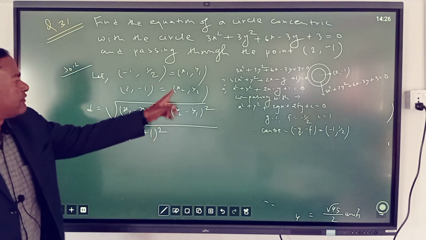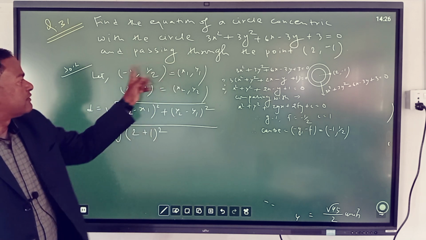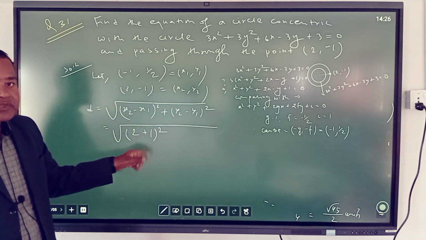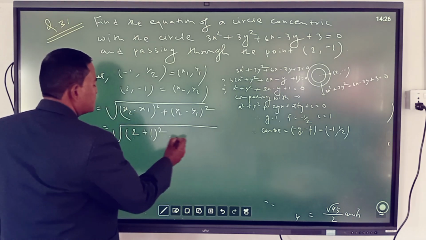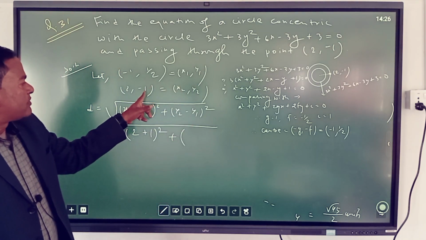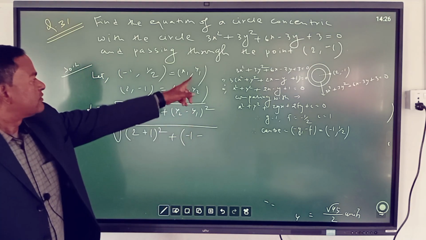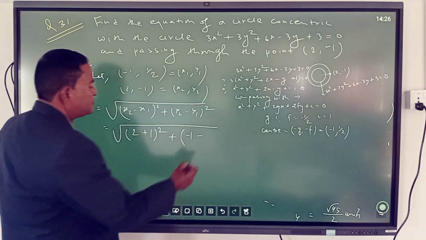So we have put the value of x2 as 2 and the value of x1 is minus 1, and minus minus we get plus. y2 minus y1 means minus 1 minus the value of y1, which is 1 by 2.